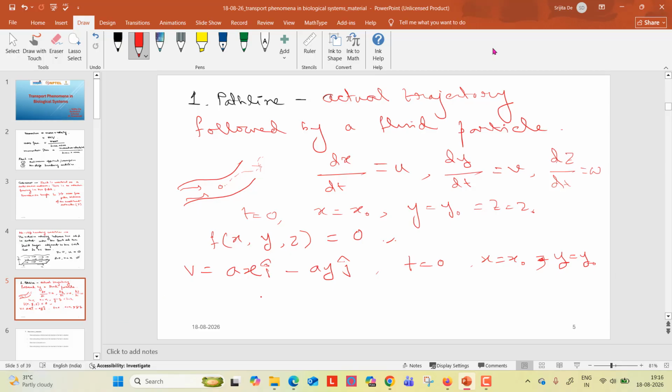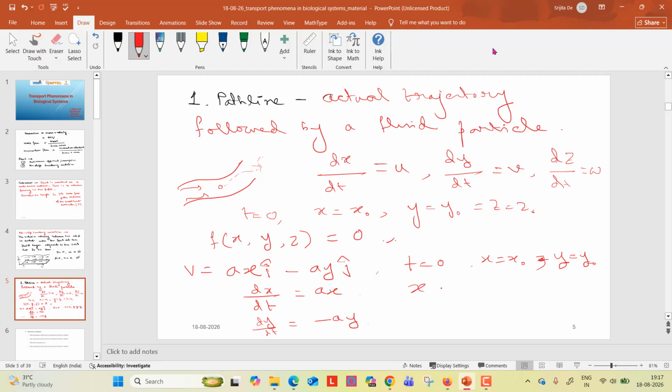Now if we apply the formula, this is our x and this is our y. So dx/dt is ax, the velocity component, this is the u, this is the v. So dx/dt would be ax and dy/dt will be minus ay. Now if we integrate, we will get the expression of x.